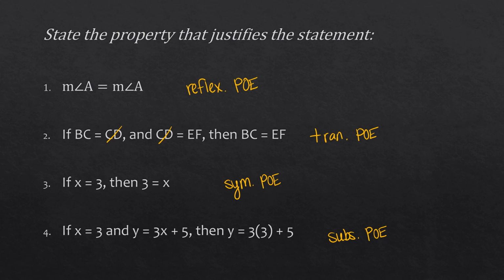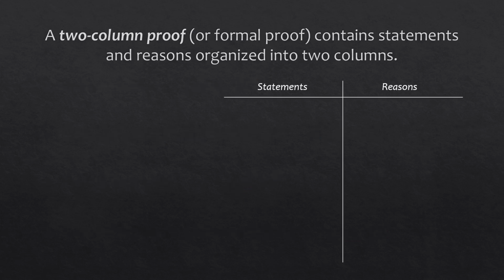All right. So moving right along here, let's talk about what is a proof. So a two-column proof is another term for a formal proof, and it's always going to contain statements and reasons. Reasons are the same thing as justification, organized into two columns.